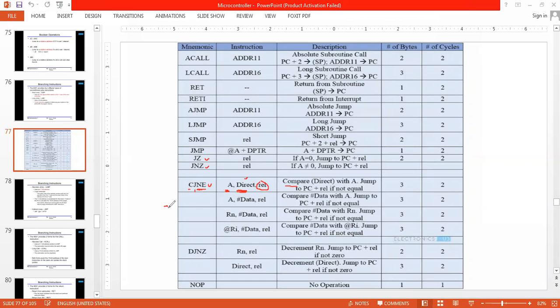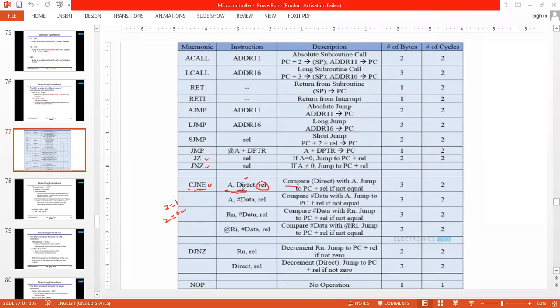Oh, sorry, it is vice versa. If both values are not equal, then Z remains 0.